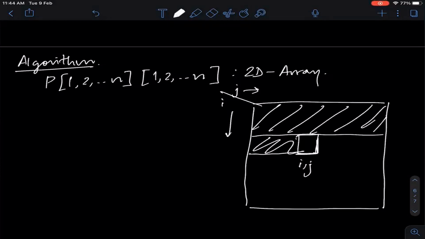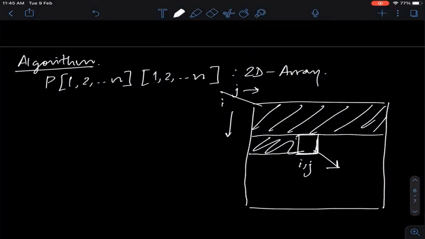It's not enough to only consider the elements that I have shaded. If you think about it, you actually need elements which are kind of here. Yes, you need those elements. So you cannot really fill this table up row wise or column wise.